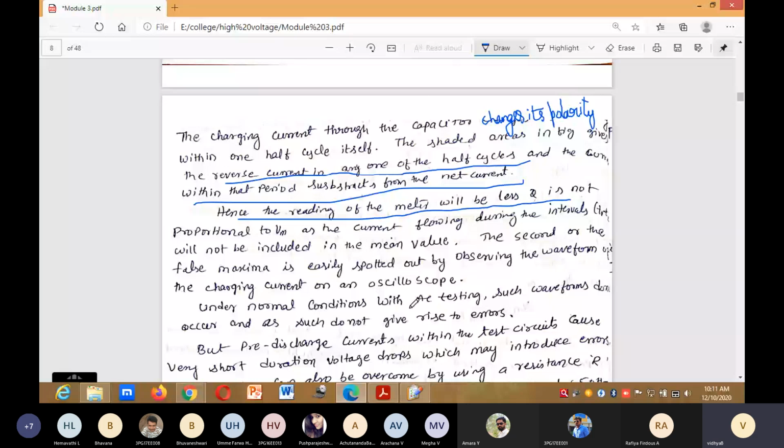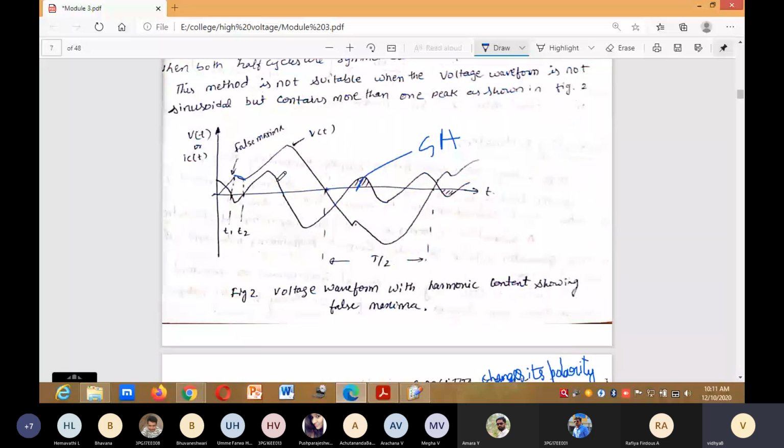Under normal conditions with AC testing, such waveforms do not occur, and such do not give rise to errors.